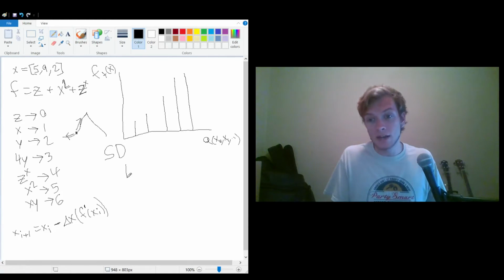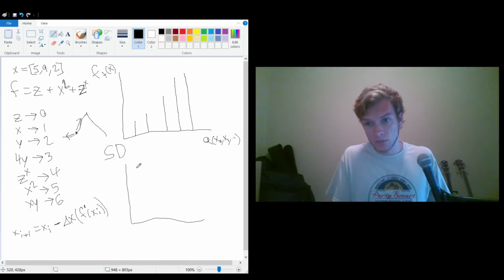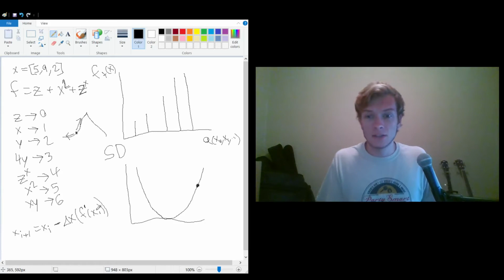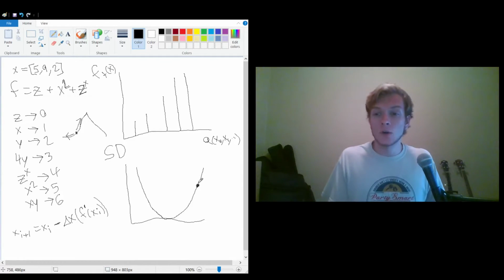So if we have a point like this, and we have our parabola again, and we pick our guess out here, what this is doing is it's looking at the slope, and it's looking where the slope goes up and going a tiny step in the opposite direction.